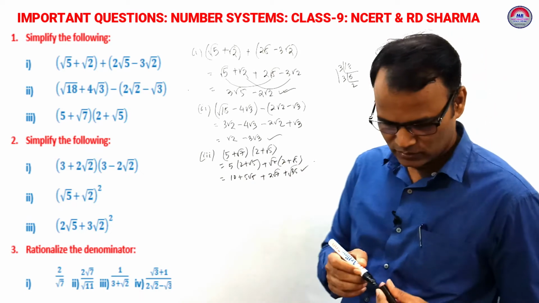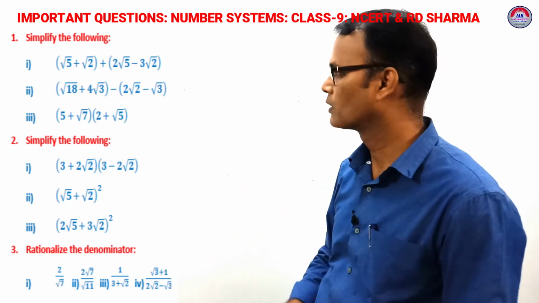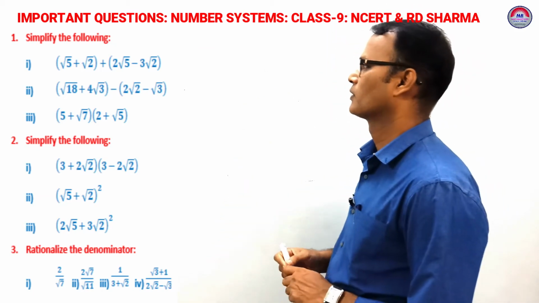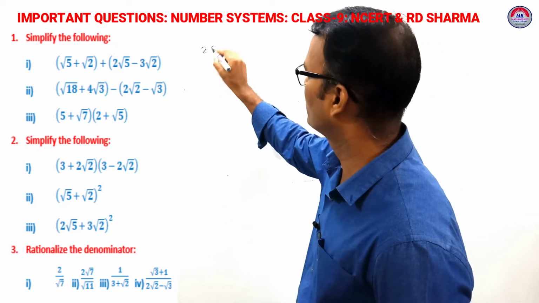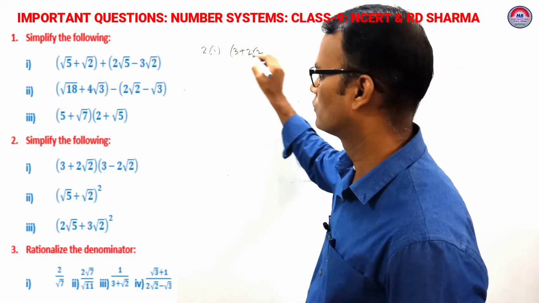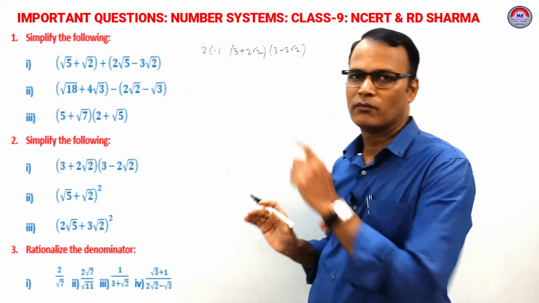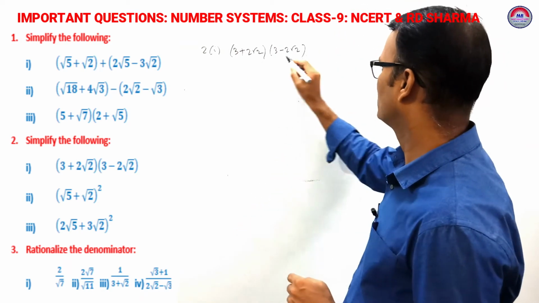Question number 2. Simplify. Question number 2, bit 1, you see, 3 plus 2 root 2 into 3 minus 2 root 2. Here one formula is used: a plus b into a minus b.